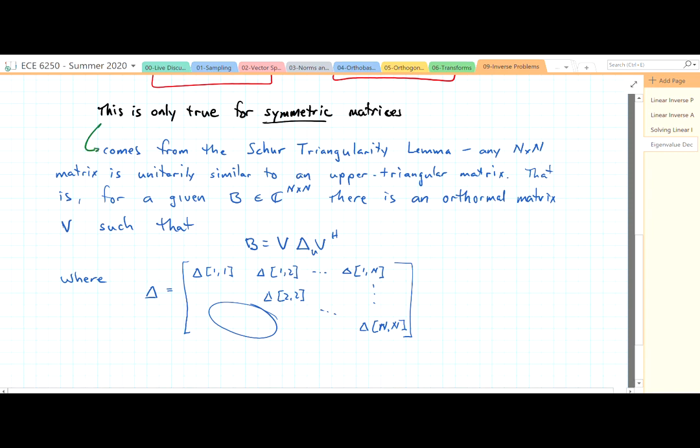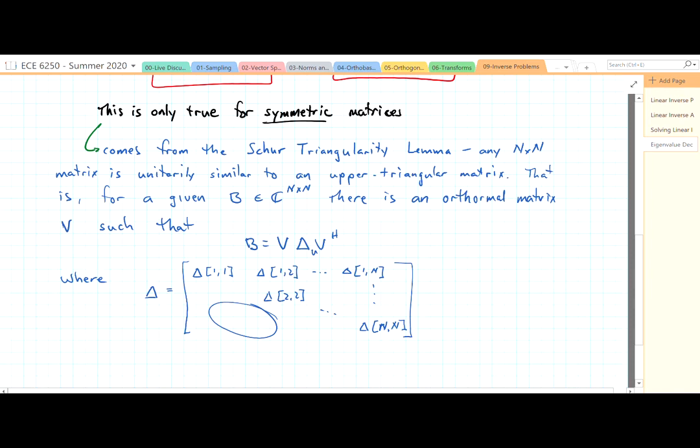We'll go into actually showing it because it's useful to see where this comes from. It says that any n by n matrix is unitarily similar to an upper triangular matrix. That is, if you have some matrix B that's n by n, there is a unitary matrix V such that B is equal to V times this upper triangular matrix delta times V Hermitian.